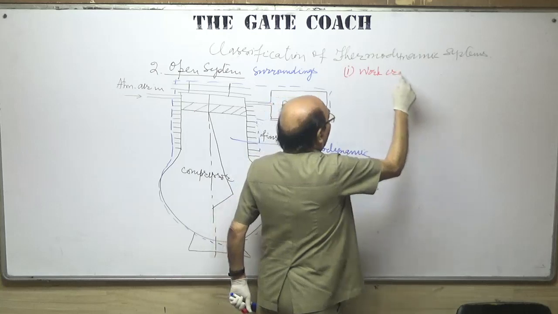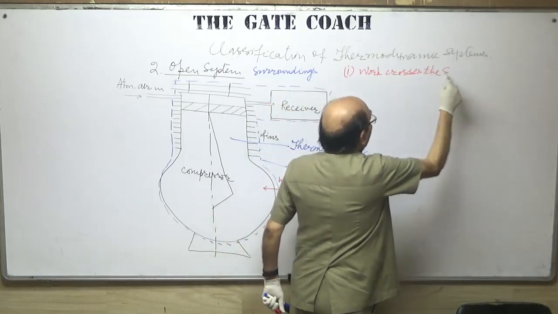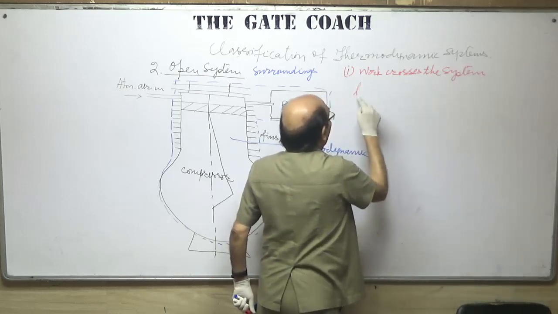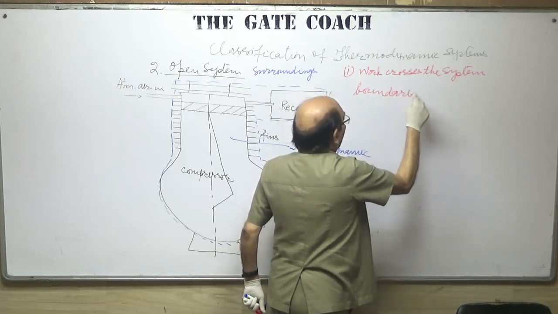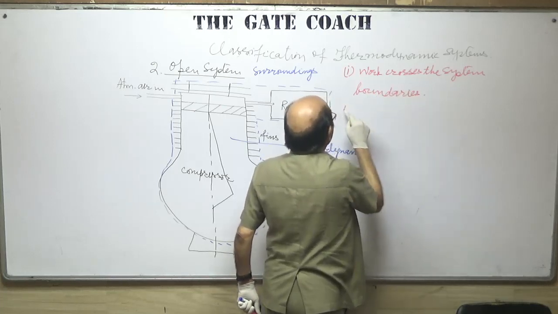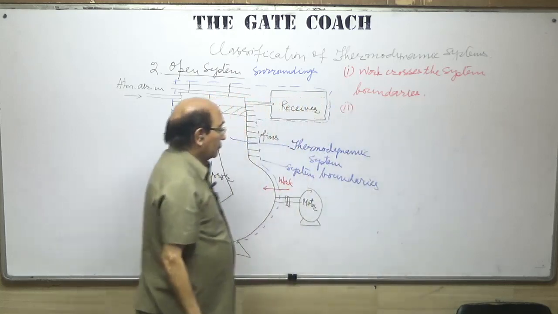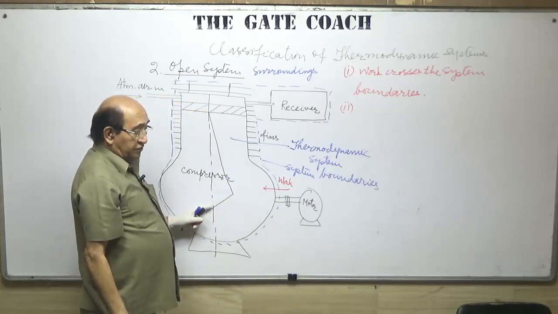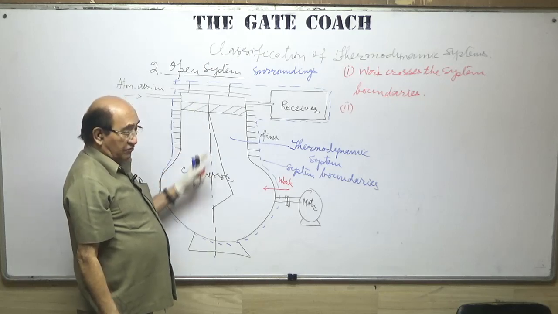Work crosses the system boundaries. Crankshaft rotates, connecting rod moves, piston moves up and down.